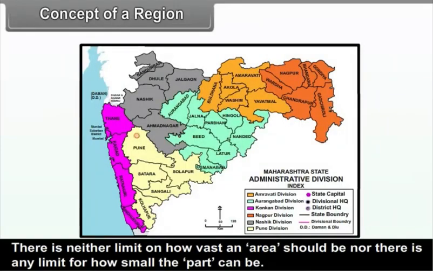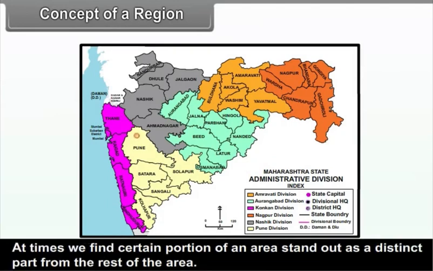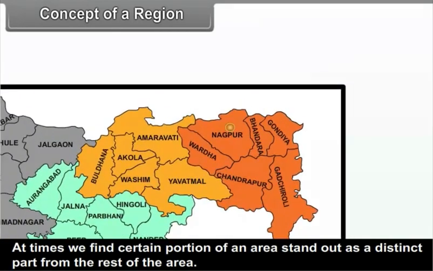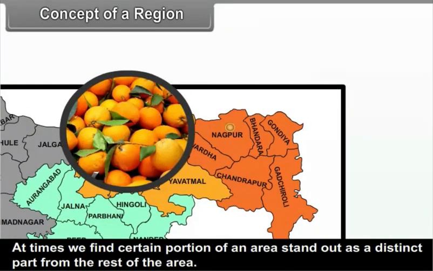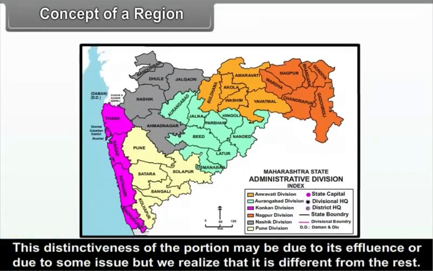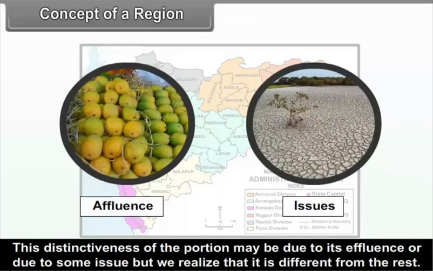There is neither any limit on how vast an area should be, nor any limit on how small the part can be. At times, we find a certain portion of an area stands out as a distinct part from the rest of the area. This distinctiveness may be due to its affluence or due to some issue, but we realize that it is different from the rest.